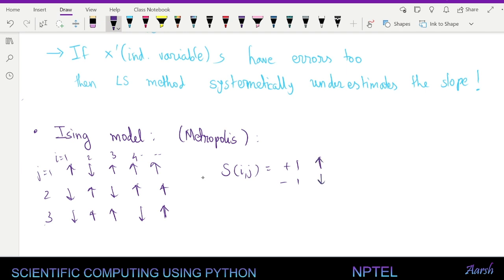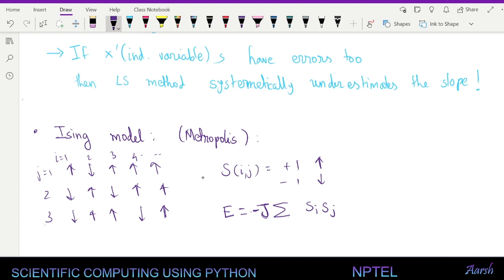Up or down. And then you calculate the energy of the entire system as minus J times the sum over S_i S_j, with some coupling J and a negative sign, because if S_i and S_j are of the same sign, the product will be positive, and that is energetically favorable. So J is a positive coupling constant and the energy is negative.